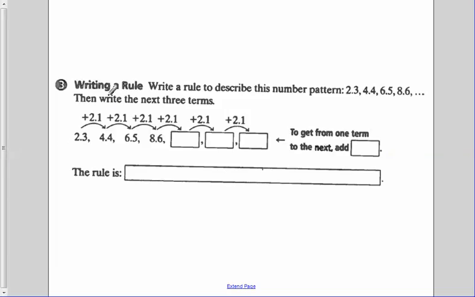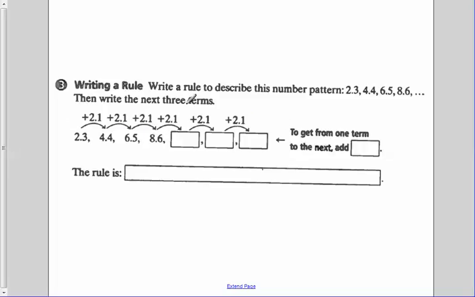So for our third example, write a rule to describe the pattern 2.3, then 4.4, then 6.5, then 8.6. Now we need to follow the pattern, and they already gave us what our repeated operation is: adding 2.1 each time.